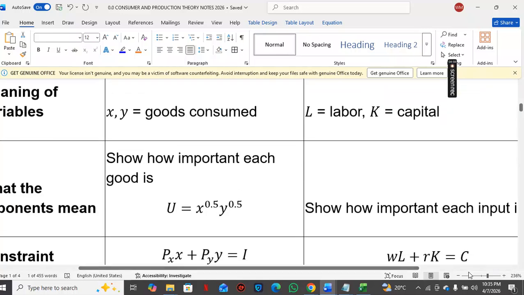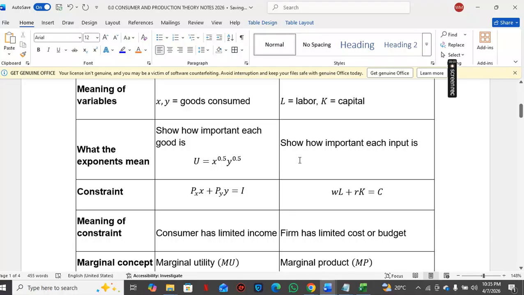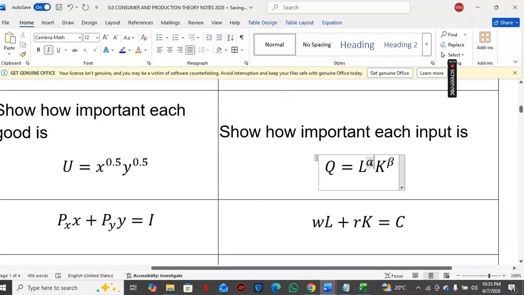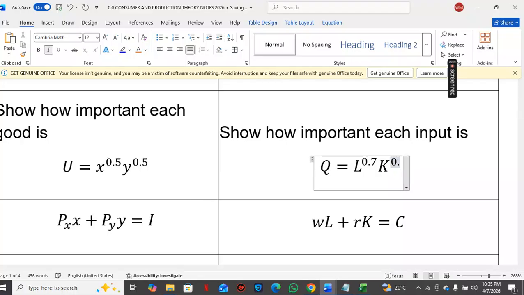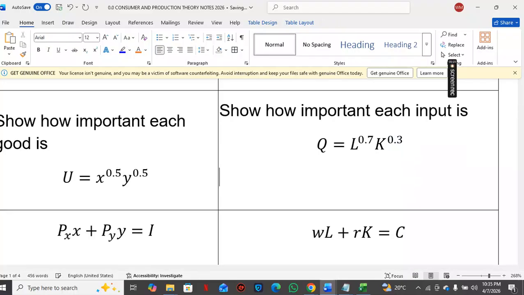But in a situation where, let's say, this one is 0.7 and this one is 0.3, labor is of more importance than capital.